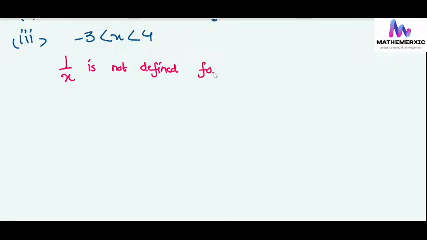You can write it is not defined for x equal to 0. So 1 by x is not defined. That's why we'll just keep it like this. Minus 3 less than x less than 0, or x is greater than 0 and less than 4. Okay.